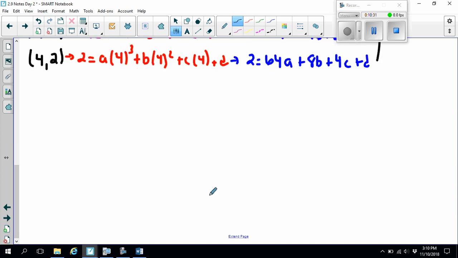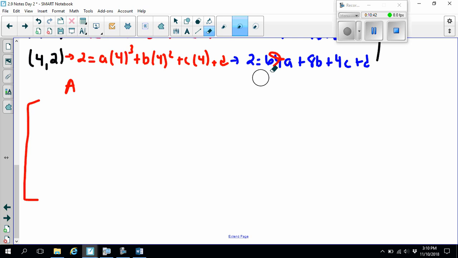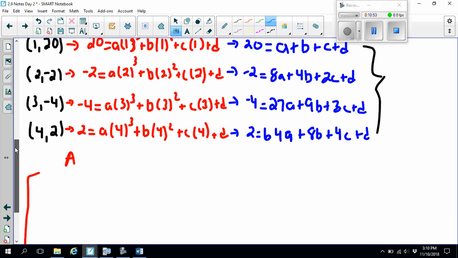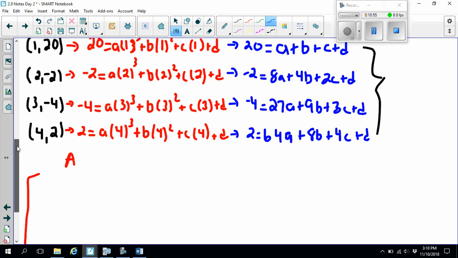Okay, I have to make sure I get room for myself. So we have the A matrix. I'm going off of the equations that we have in blue. Starting from the very top, we have 1, 1, 1, 1, because those are the coefficients on our a, b, c, and d.